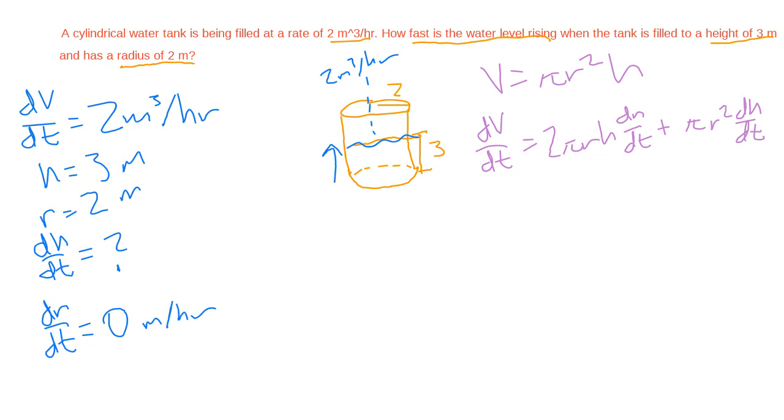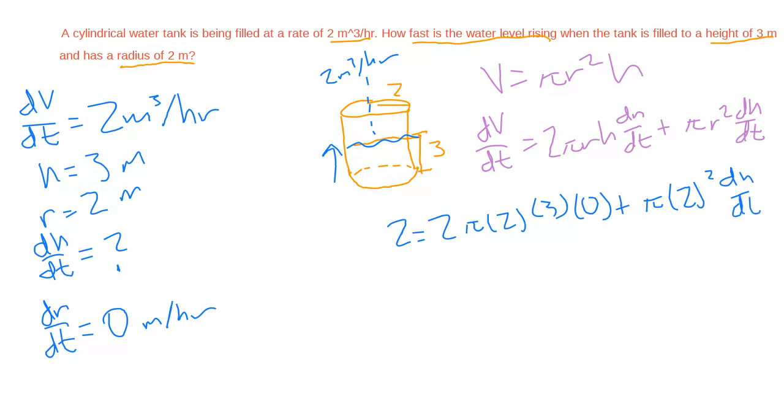Now it's just a matter of plugging things in. dv over dt we already said was 2. Then we have 2 pi, we know r is 2, we know h is 3, and then we know dr dt is 0. Plus pi, once again r is 2 squared, and we're looking for dh over dt.